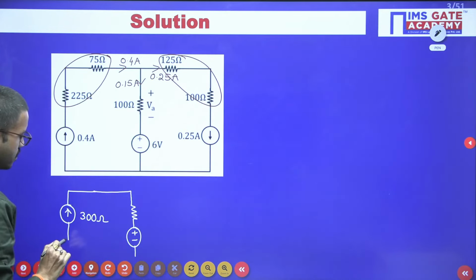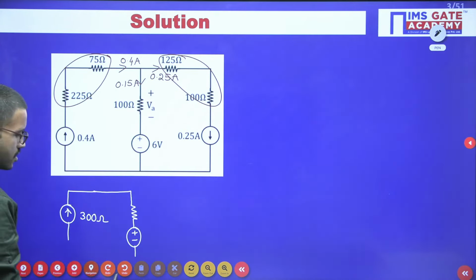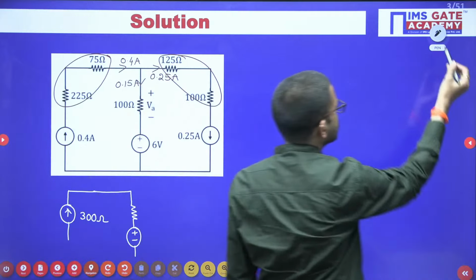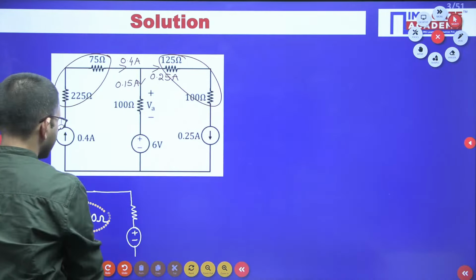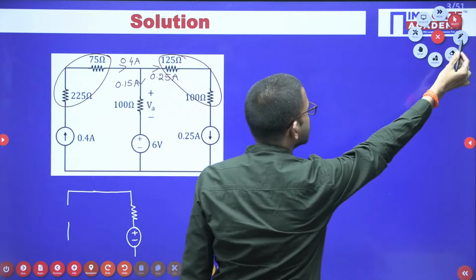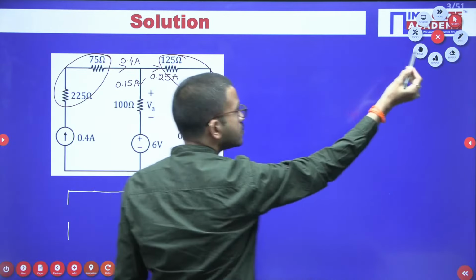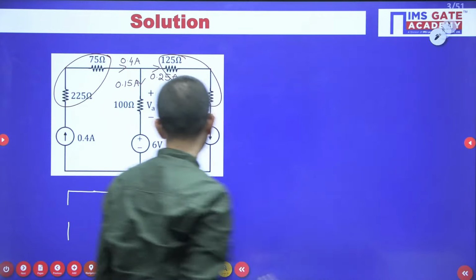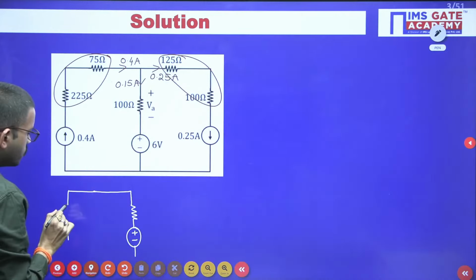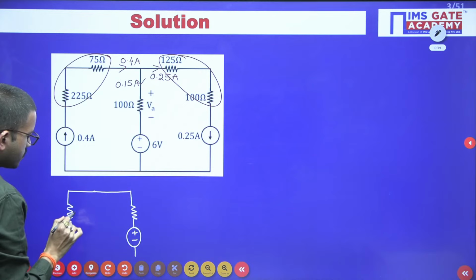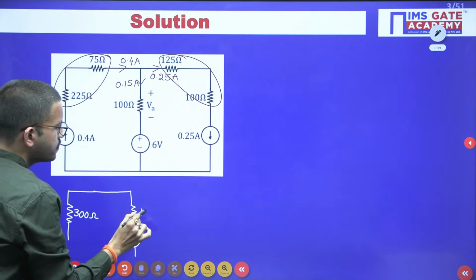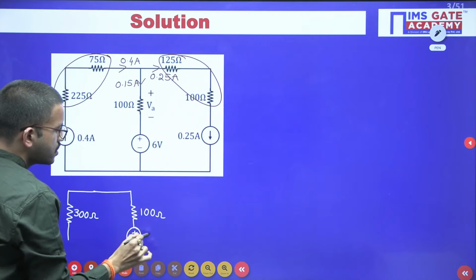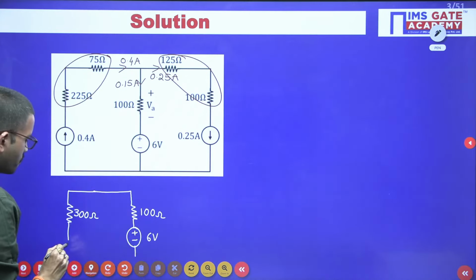Here you are having a 300 ohm resistor, and this one is 100 ohm, 6 volt, and then you are having a 0.4 ampere current source.